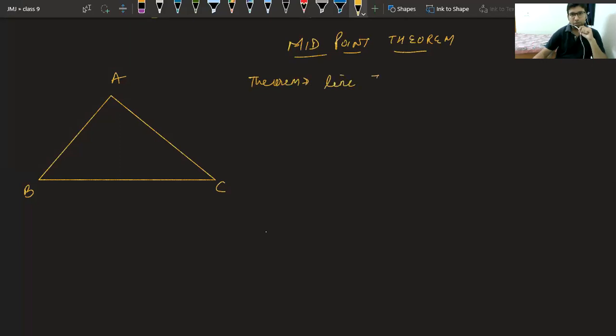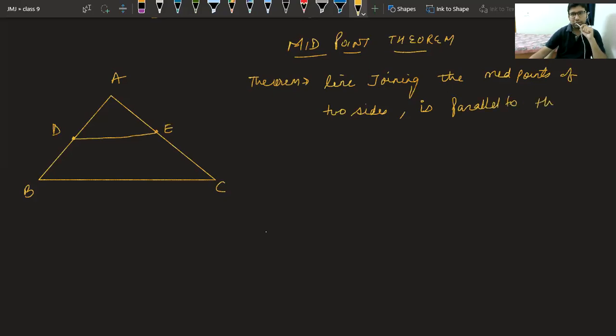the line joining the midpoints of two sides. Suppose this is midpoint D, this is midpoint E. The line joining the midpoints of two sides is parallel to the third side.